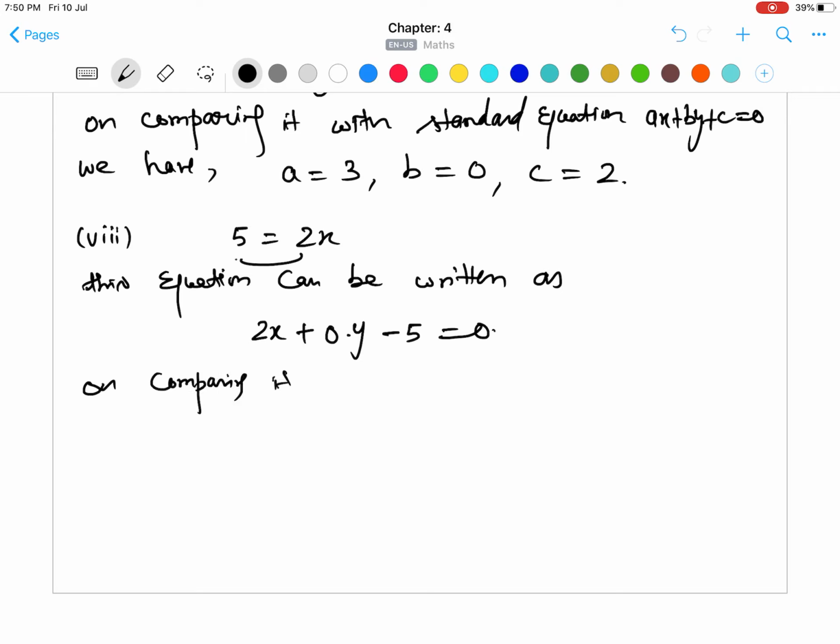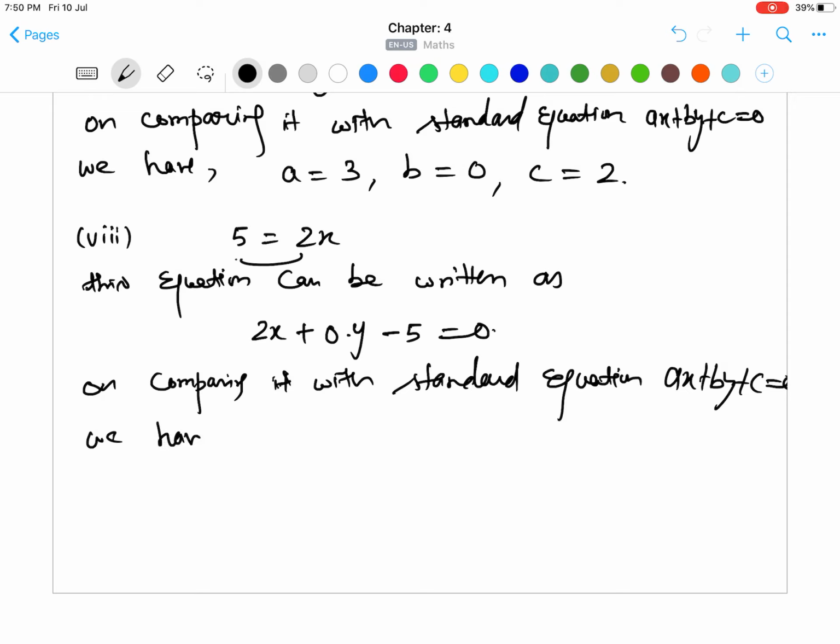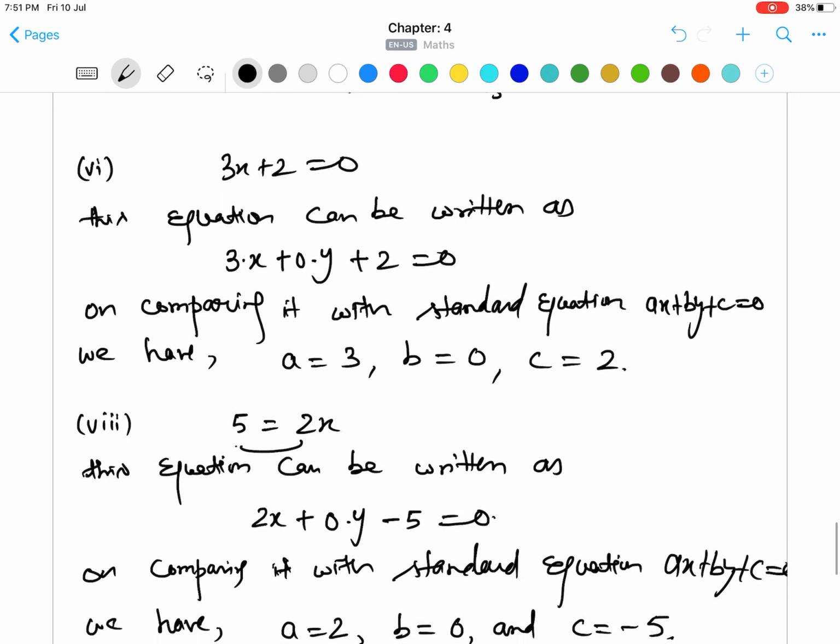Comparing it with the standard equation, which is ax + by + c = 0, we have a = 2, b = 0 and c = -5. So that's the solution of part 8 of question number 2 of exercise 4.1.